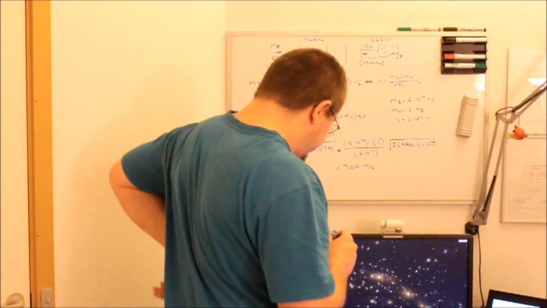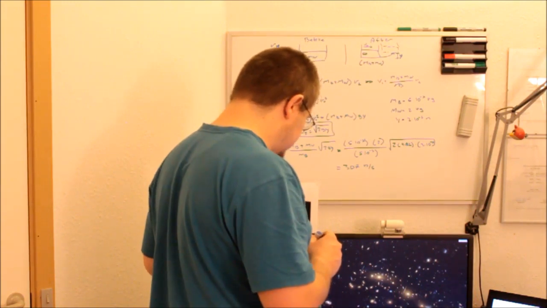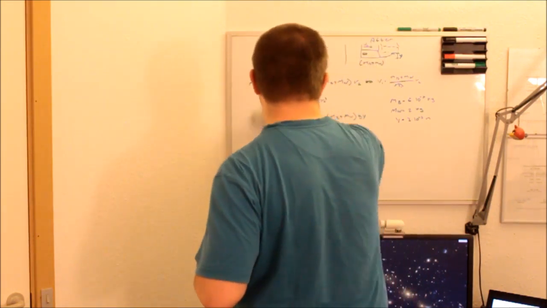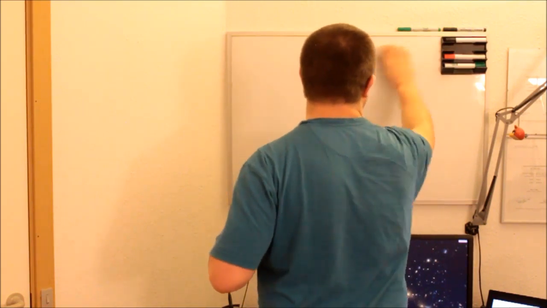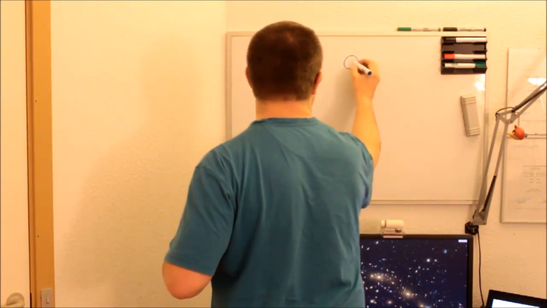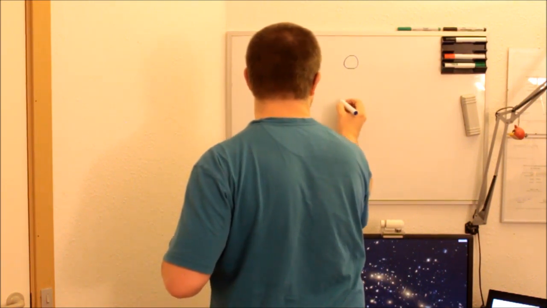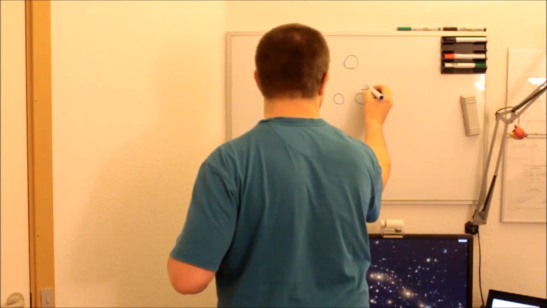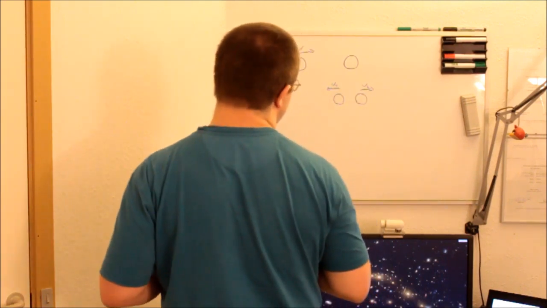Alright, so what is an example of an elastic collision? Like I said, an elastic collision could be if we have a billiard ball where this is still and this is moving with some speed, and then after the collision they both have some speed.